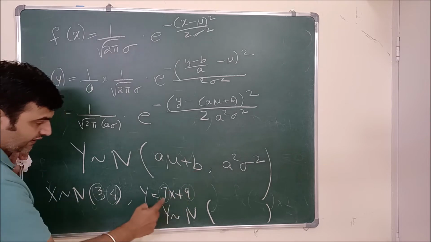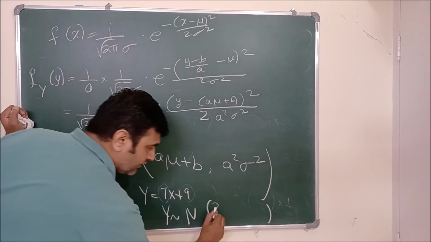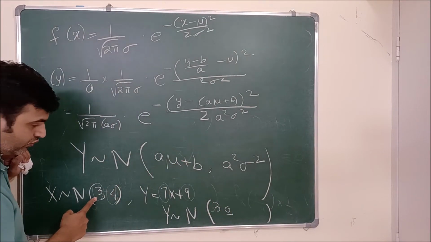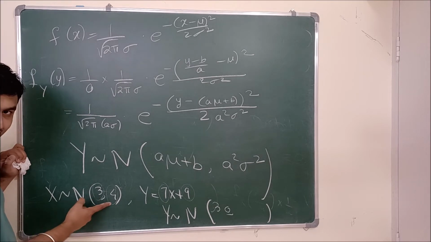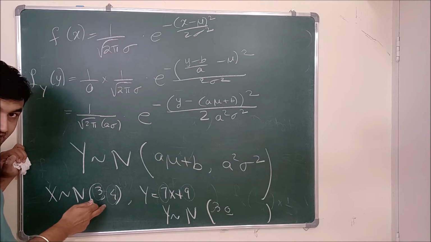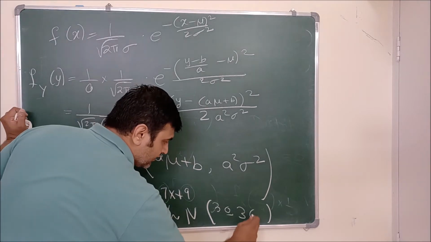So a mu plus b: 7 into 3 is 21, 21 plus 9 is 30. a square is 9 into sigma square, which is 4. So don't take 4 square, this is sigma square. People usually make these mistakes, that's why I am stressing the point. So a square sigma square is 9 into 4, which is 36.